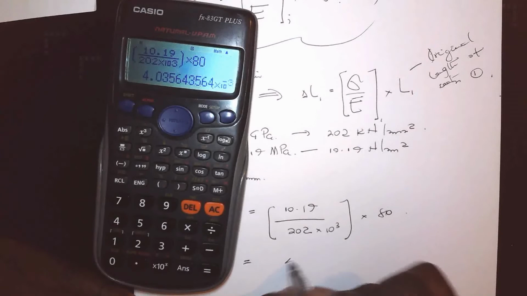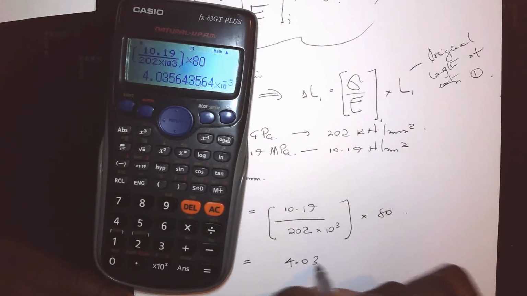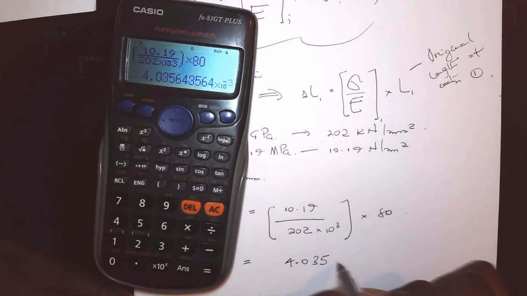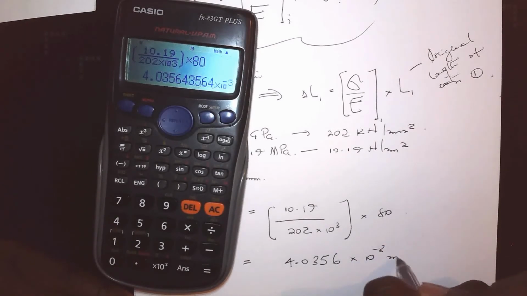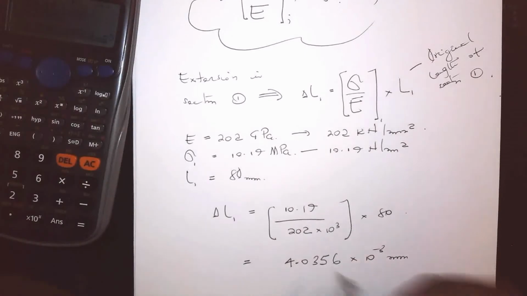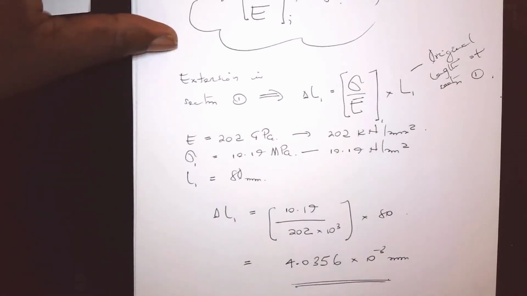And that gives 4.0356 times 10 to the power minus 3 millimeters. So that's the extension experienced in section 1.